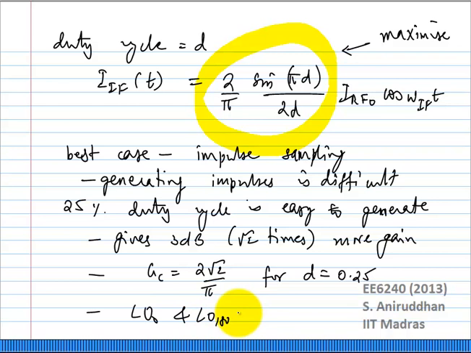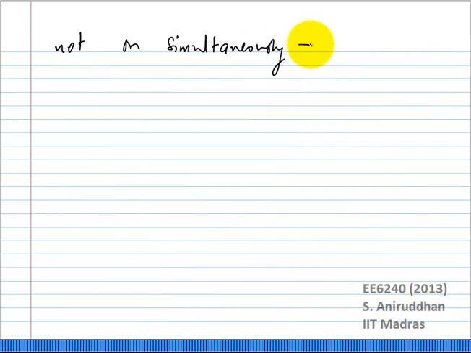You have 25% duty cycle waveforms, so you will find that the 0 and 180 and the 90 and 270 will never overlap. Which means that those switches are not on simultaneously, which means that the noise should ideally be lower and the nonlinearity is also lower. You can get both better noise and better nonlinearity.